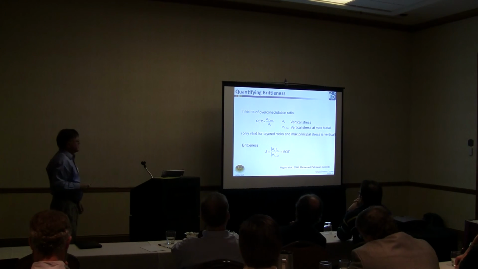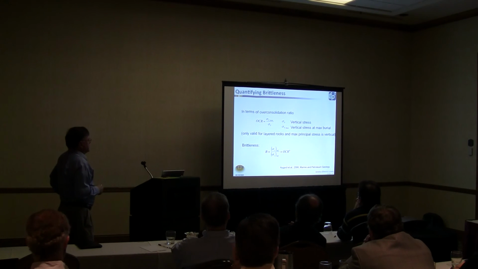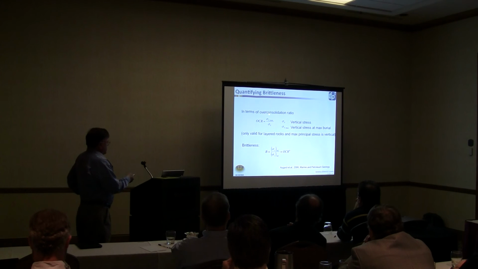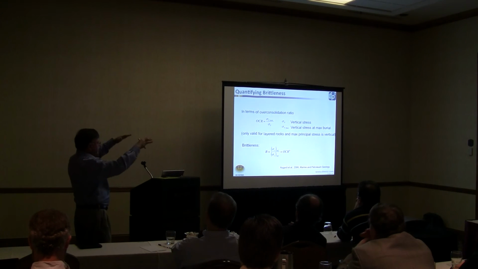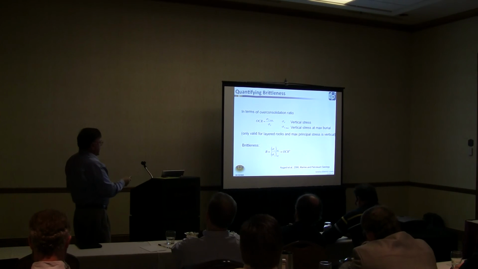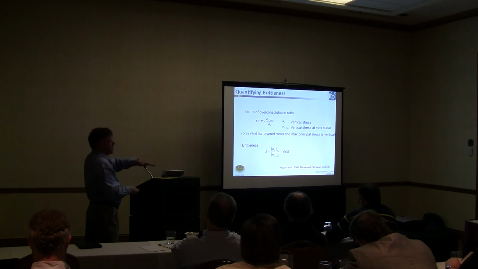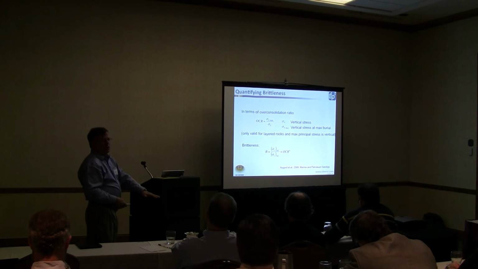This is a definition of brittleness that could be used by having a better knowledge of the geologic history. So this one is in terms of the overconsolidation ratio. And it goes like this. Imagine that you take sediments, as the Earth always does, and bury them, and we keep track of the vertical stress. Just about every rock will have in its history some maximum depth of burial where it had the maximum amount of overburden stress applied.